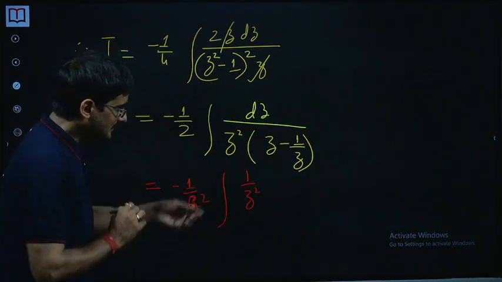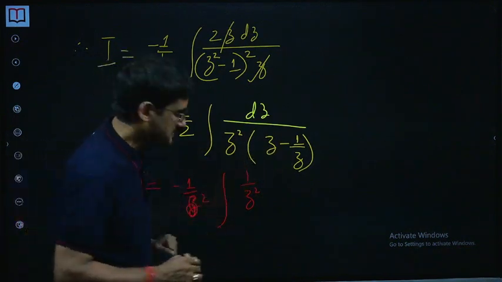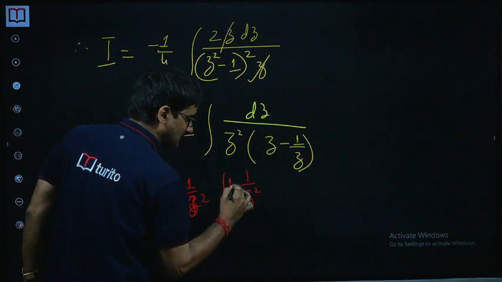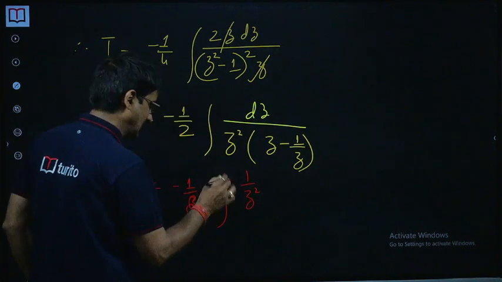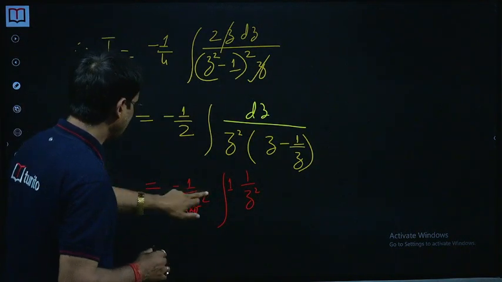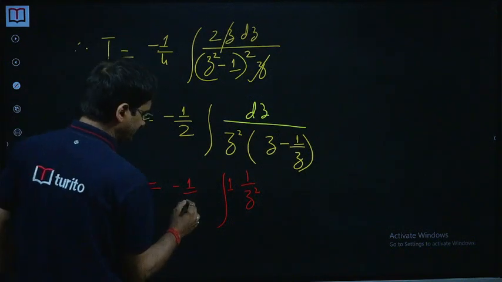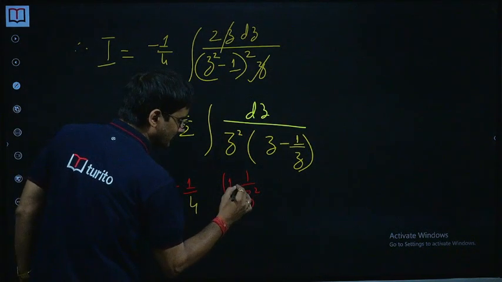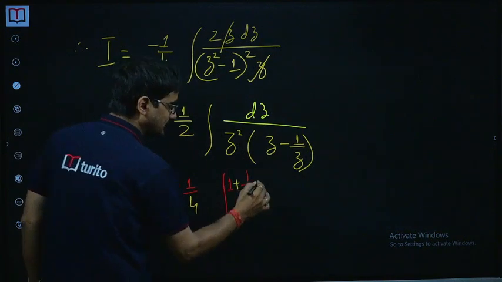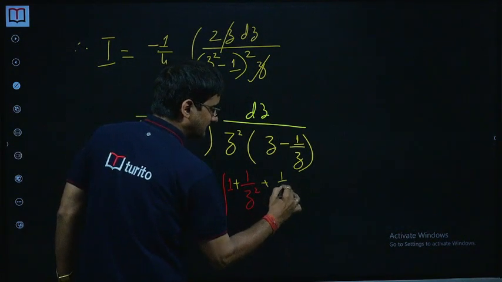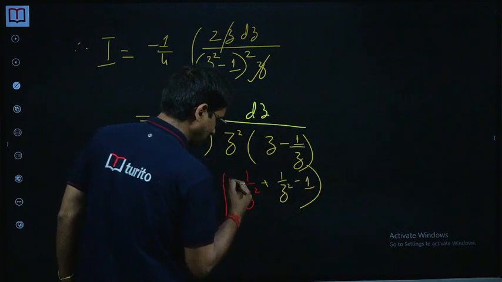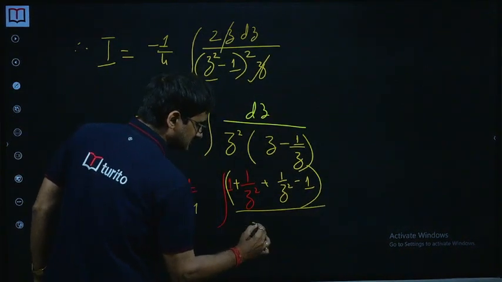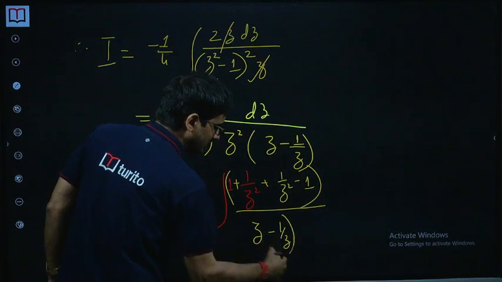Now see, its derivative is 1 plus 1 by z square, so add 1 and then subtract 1. For that I will say that multiply and divide by 2 here. So 1 plus 1 by z square and then plus 1 by z square minus 1. I think all of you got the idea. So it's z minus 1 by z whole square.